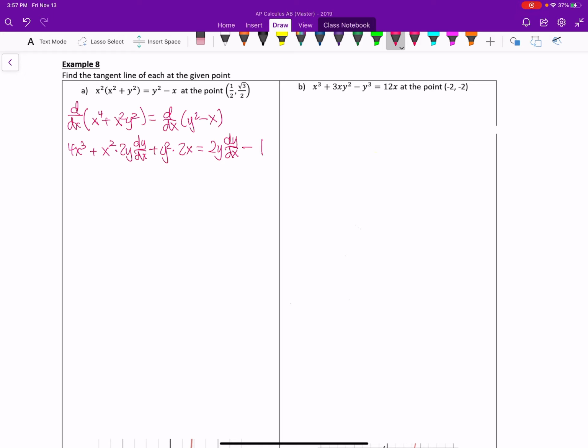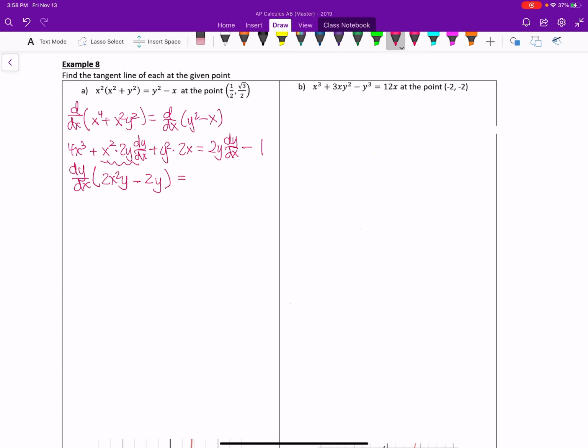I am going to move all of the y terms to one side. So that's going to give me, I should say the dy/dx terms to one side, and factor out the dy/dx. So I'm going to leave it as 2x squared y, that's this term, move the other one over, minus 2y, I'm just factoring out at the same time, which is fine, is equal to, and then move everything else to the other side.